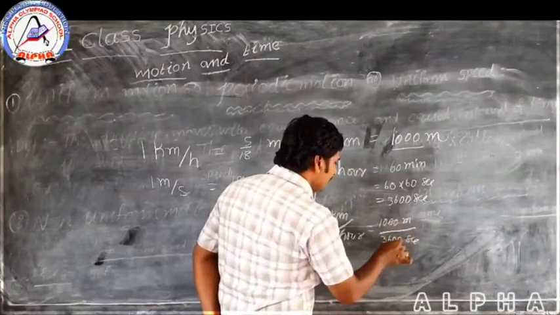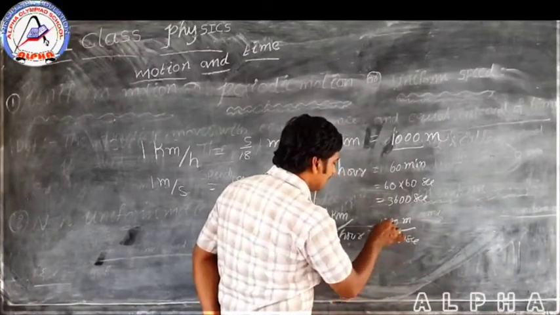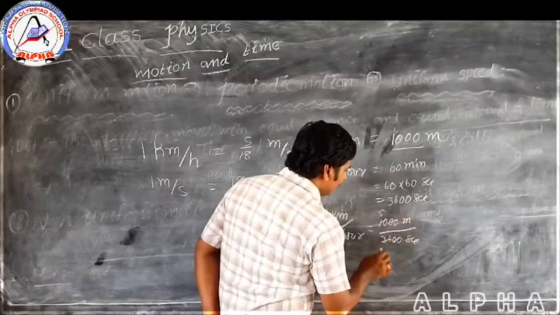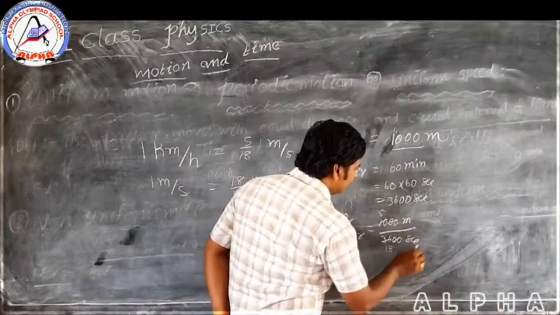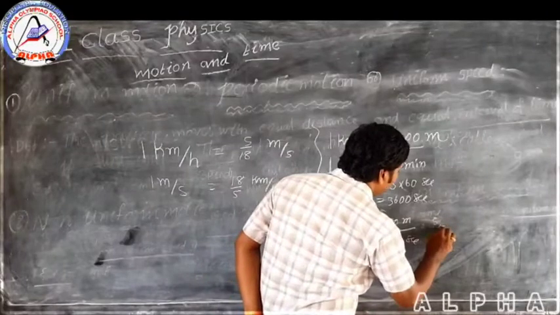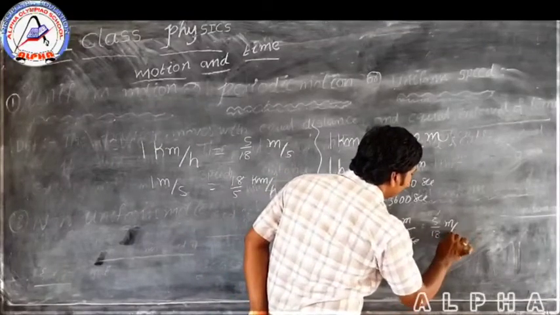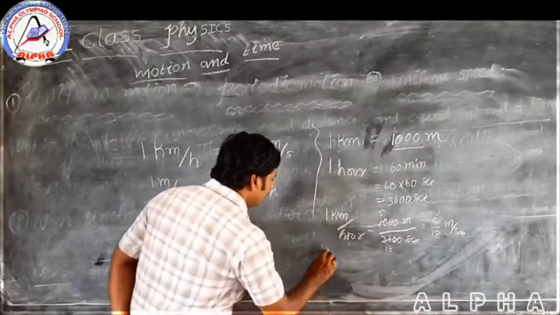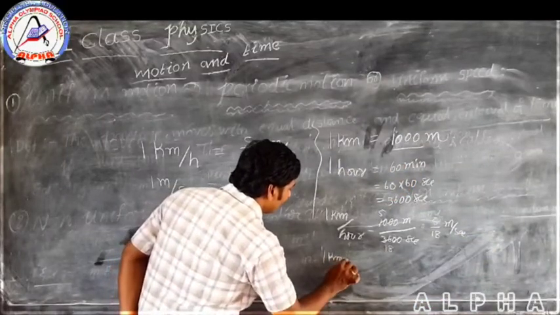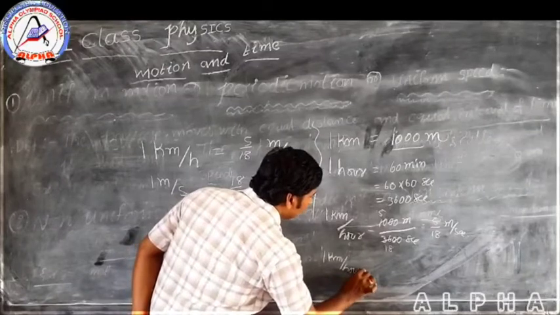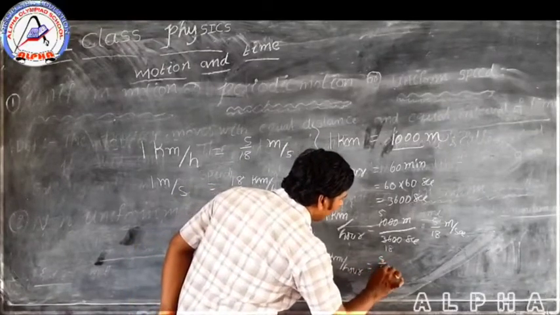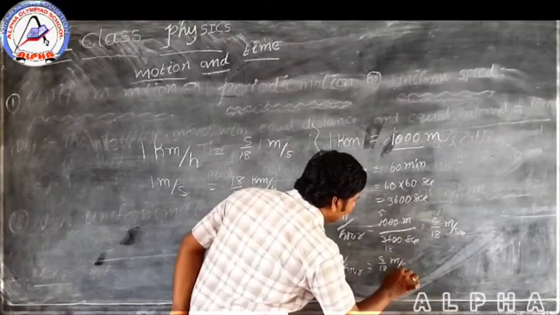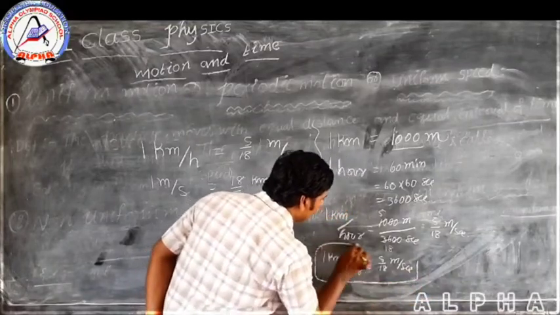Cancelling two zeros, two zeros, 5 times 2 is 10 and 18 times 2 is 36, simply 5 by 18 meter per second. So 1 kilometer per hour is equal to 5 by 18 meter per second.